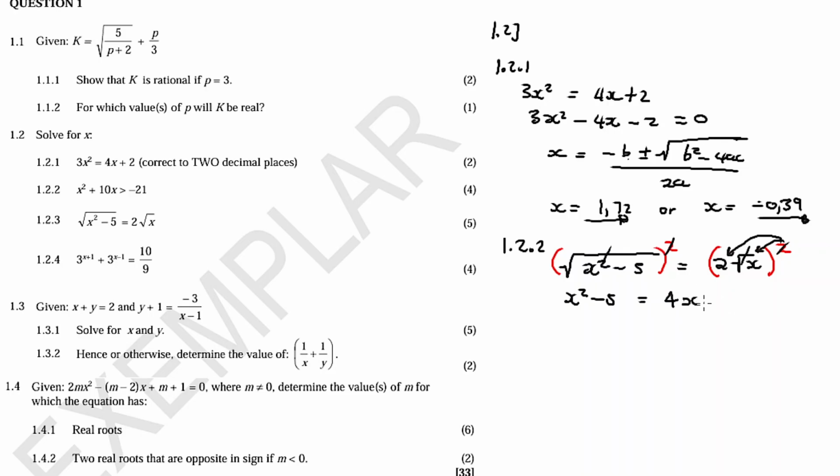Then we're left with 4x. Then x squared minus 4x minus 5. You move everything over to one side because it's a quadratic equation. Then you get your factors, or you use the quadratic formula.